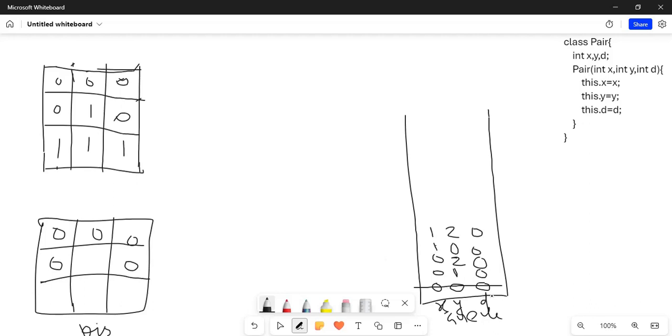Here x is 0, y is 0, and let's start first in the upward direction for this cell.